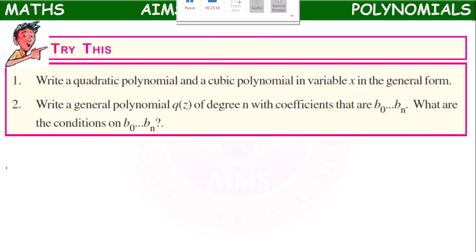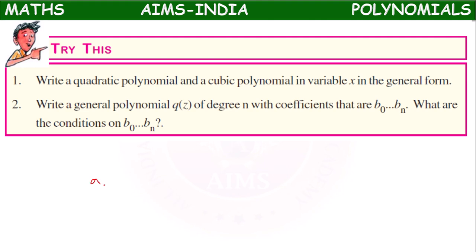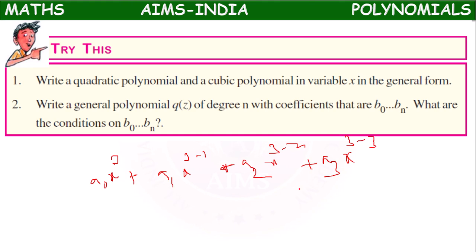In the same way, cubic polynomial means it starts with a0 x cube, a1 x power 3 minus 1 plus a2 x power 3 minus 2 plus a3 x power 3 minus 3.